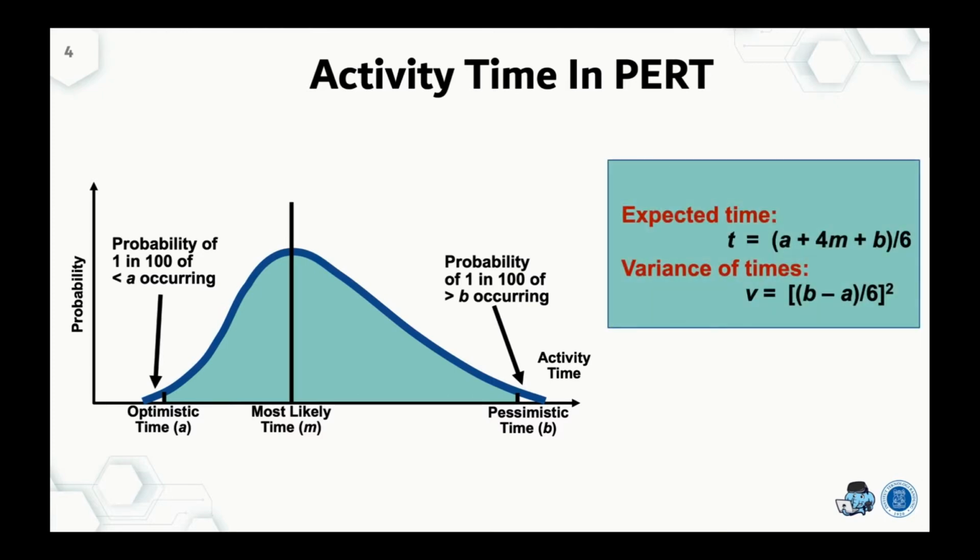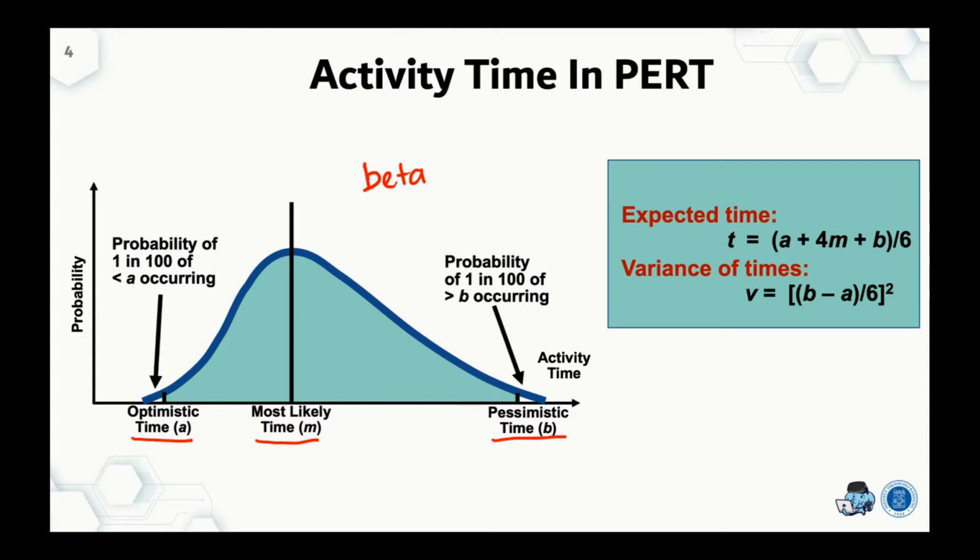The distribution of the activity time in PERT follows a beta distribution, where we put the optimistic time on the left-hand side, with a probability of 1 in 100 of occurrence, the pessimistic time over here, and the most likely time in the center.